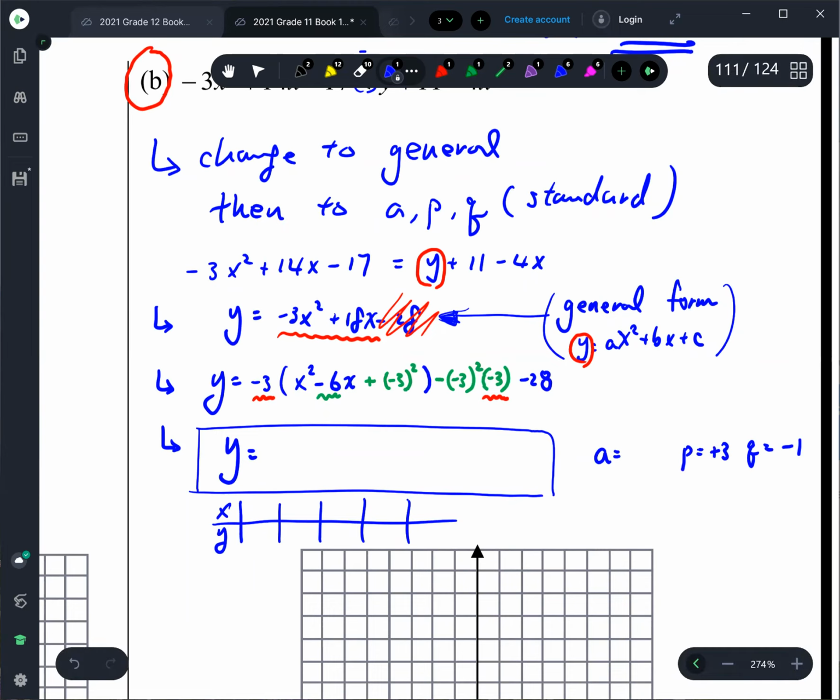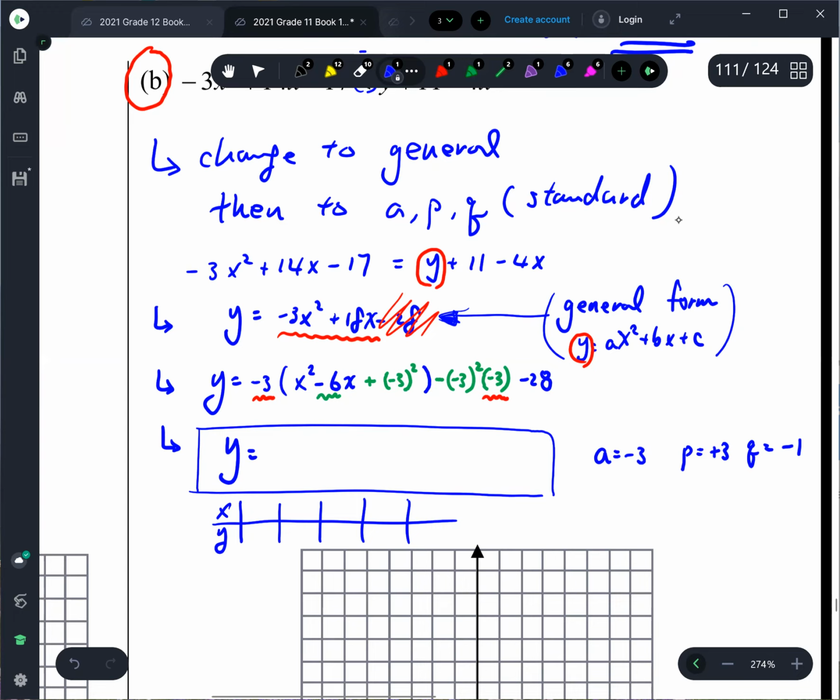P is +3, Q is -1, and A is -3. Okay, let me see. Okay, so now let's check. Bernice, what's your APQ? I got the same thing. Okay. So let's write out the standard form.